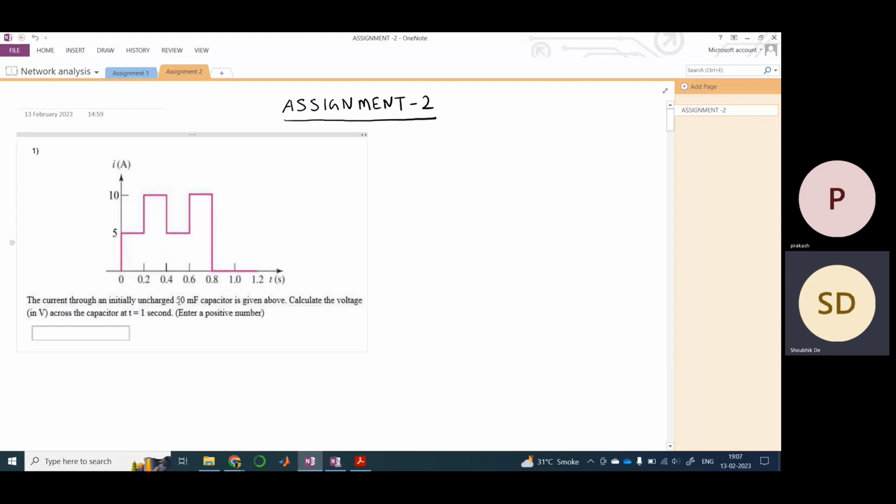So initially uncharged, right? So if I write here, q0 is 0.